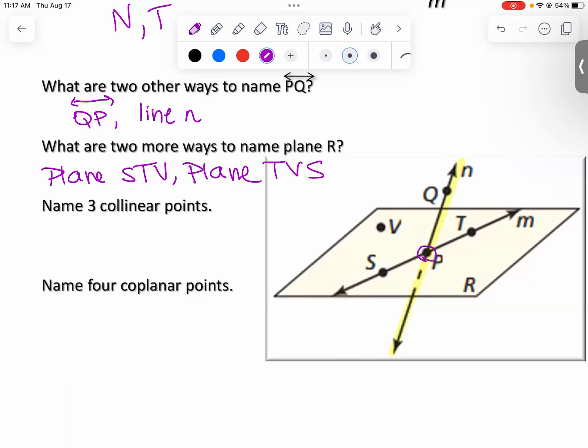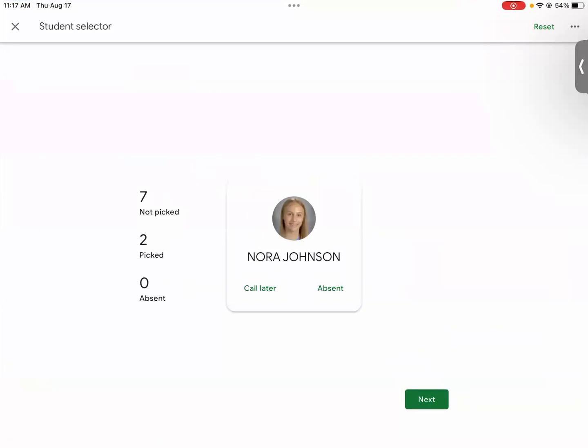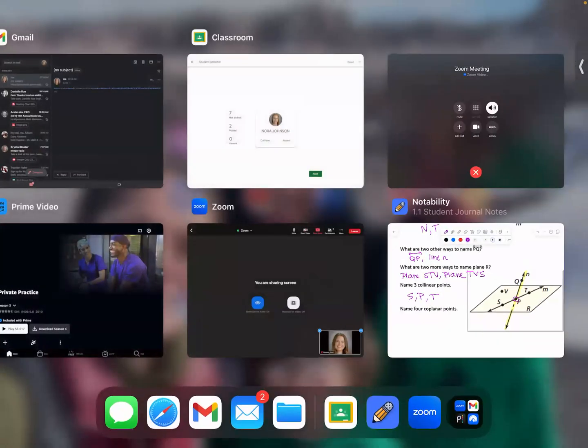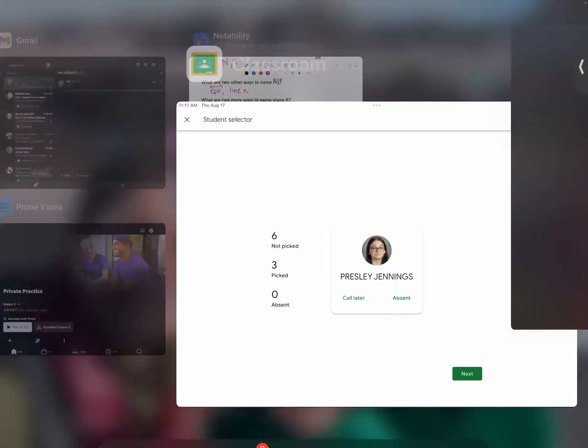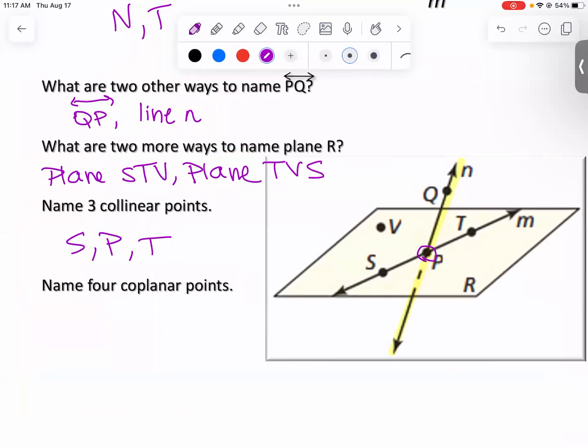Just don't use Q. Okay. All right. I want to know 3 collinear points, Nora. SPT. S, P, and T are collinear points. Good. And then Presley, give me 4 coplanar points. PS, P and T. Great.